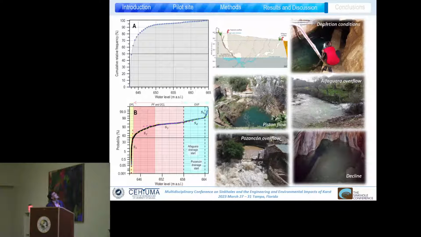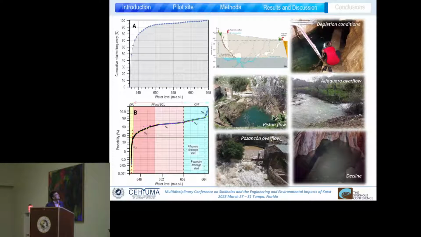And then only 20% of the data are above this water table. And in this scale of probability, we can identify different periods hydrodynamically.